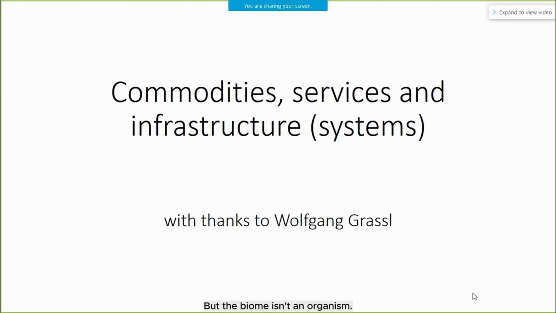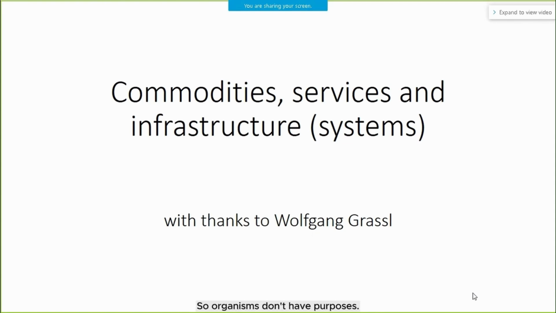But the biome isn't an organism. It's a certain band of ecological variation realized in a certain place on the planet. So that wouldn't work for biome. It would work for, actually no, it wouldn't work for anything.